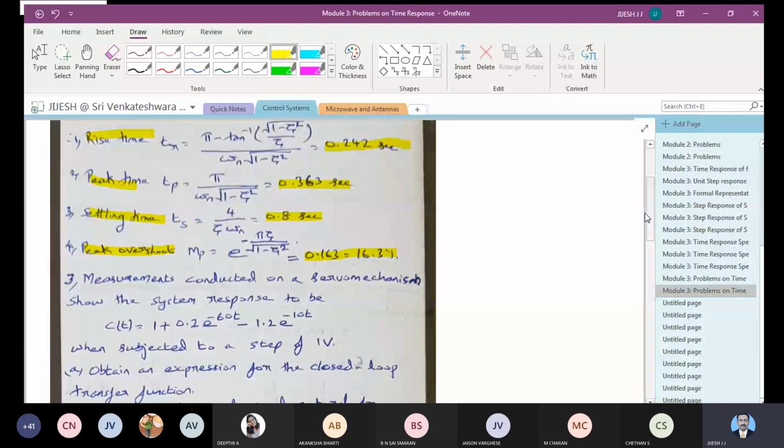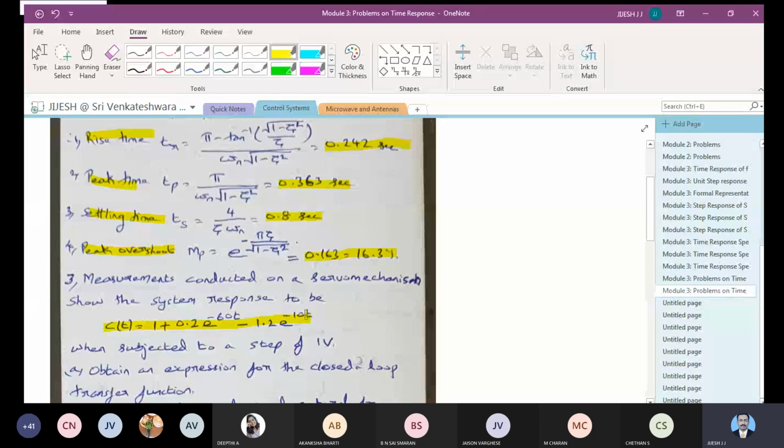Measurements conducted on a servo machine show that the system response is C of t equal to 1 plus 0.2 e to the power of minus 60t minus 1.2 e to the power of minus 10t when subjected to a step input of 1 volt.